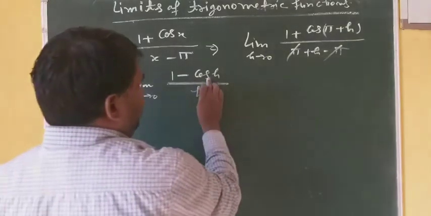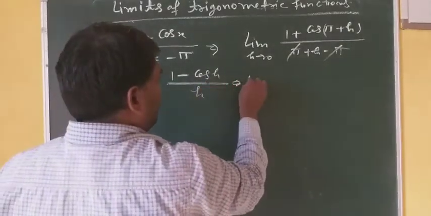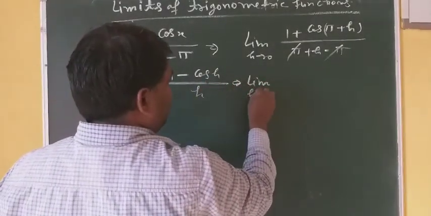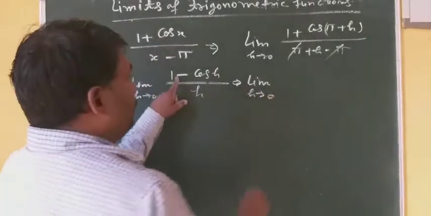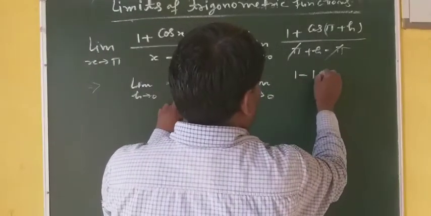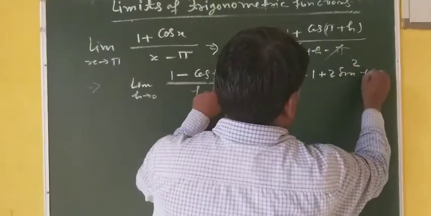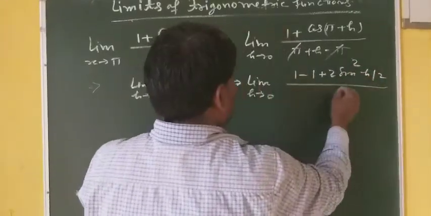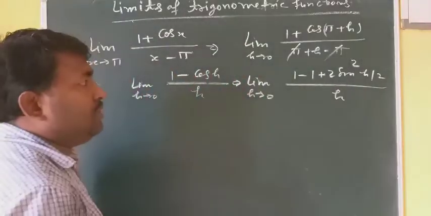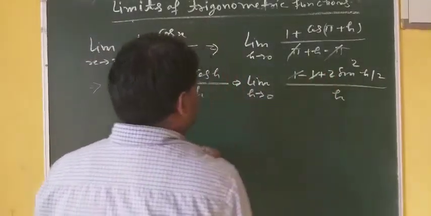Now applying the formula of cos 2 theta, limit h tends to 0, 1 minus 1 plus 2 sin square h by 2, divided by h. Now see, this 1 cancels out.